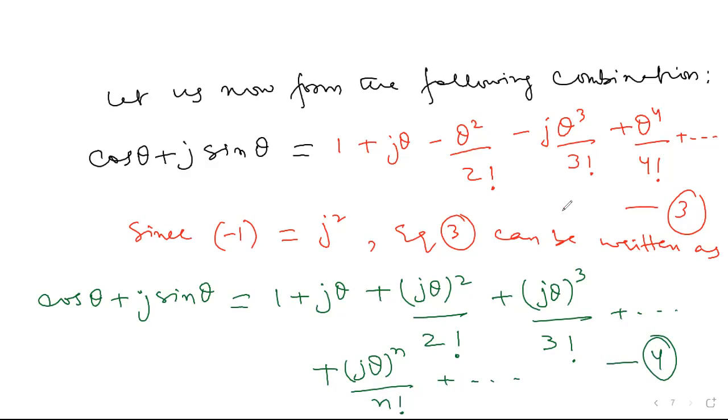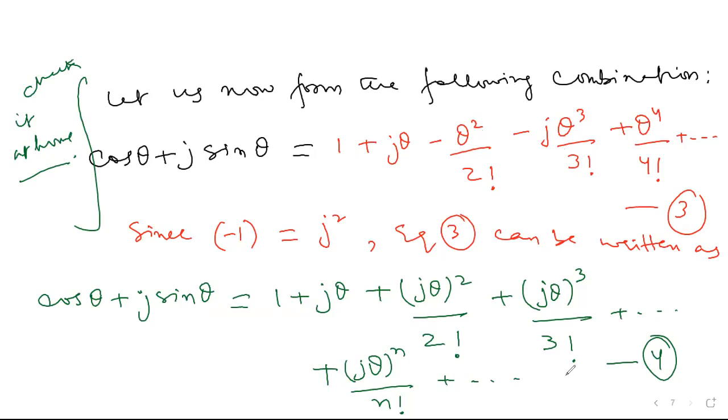This is same as equation 3, because in this term j square is -1, so it is minus theta square by 2 factorial. Here j cube is just minus j, so it is same as this term. So check it at home, right?